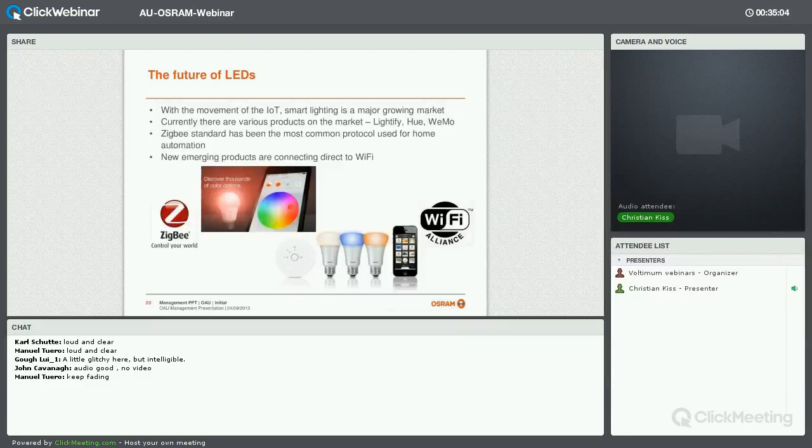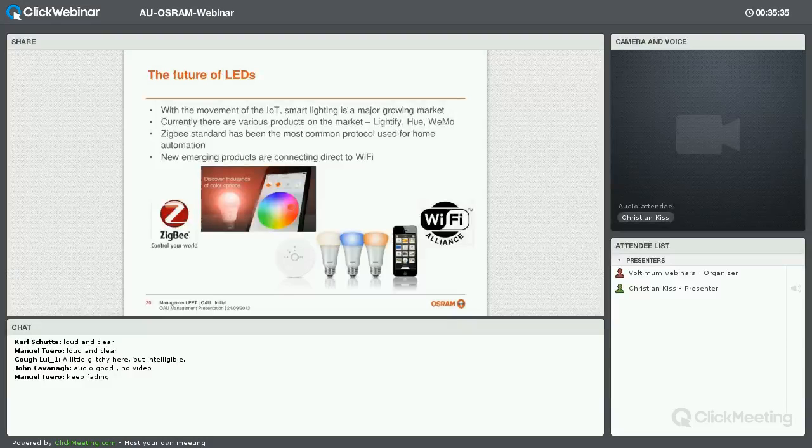These products use the Zigbee standard or Zigbee protocol, which is an established common protocol for home automation now. So it doesn't only include lighting, it includes other home automation things that can be controlled via Zigbee protocol. And Zigbee protocol is an open protocol, so if you've got one Zigbee device, usually there shouldn't be any issue controlling it with other third-party devices.